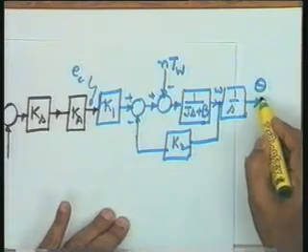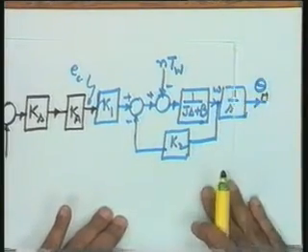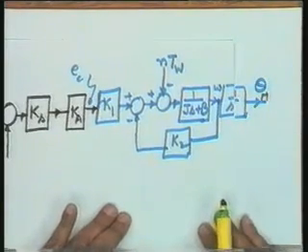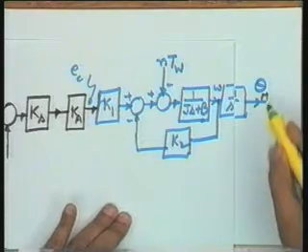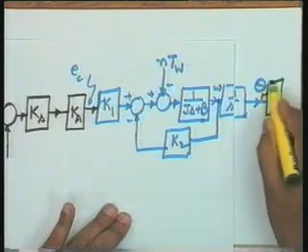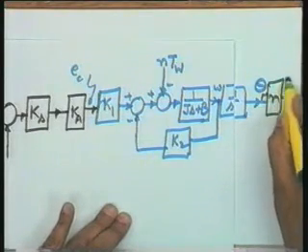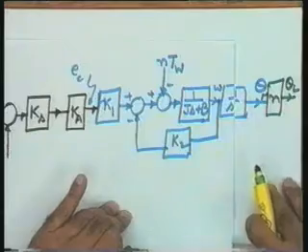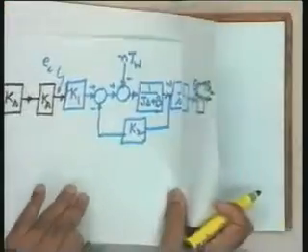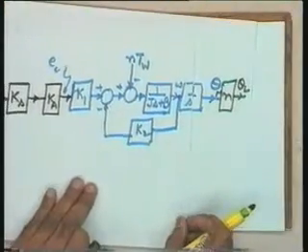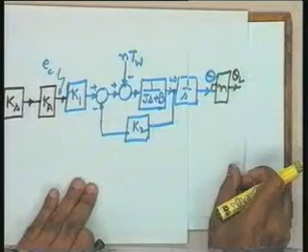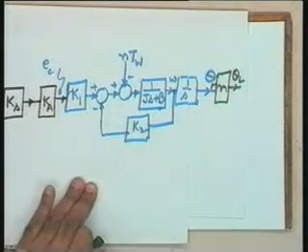Now this theta m has to be converted into theta L. So let me put a gear ratio N over here. This becomes theta L. Well, the management of the slide is to be done properly so that it is visible to you. Yes, I hope this is okay now.